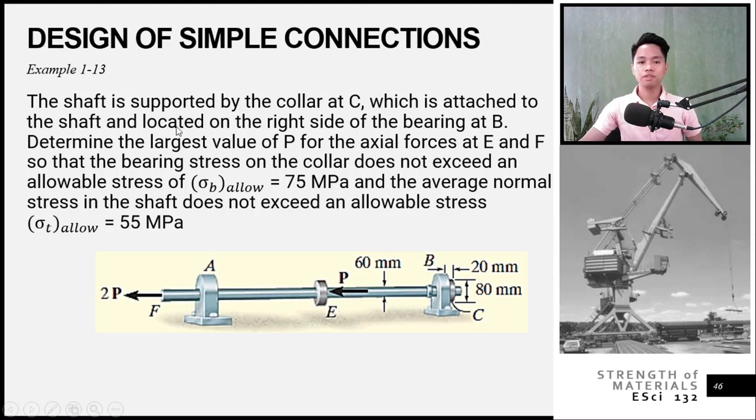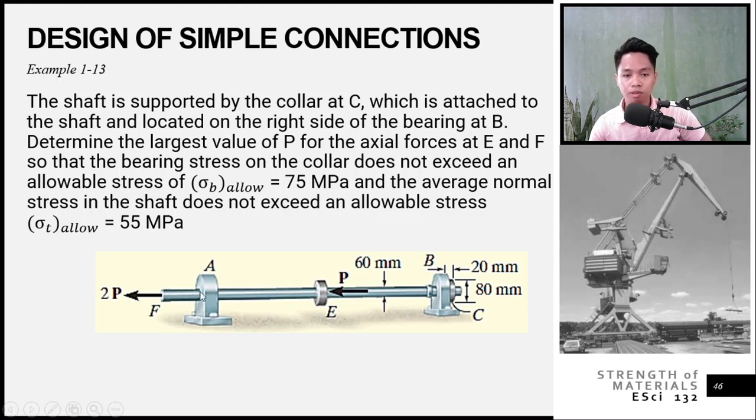Okay, the shaft is supported by the collar at C, which is attached to the shaft and located on the right side of the bearing at B. Collar C, kining murag silver. Gi-attach siya diri ni B, kay para dili ni siya maibot. Alright? Dili ni maibot.